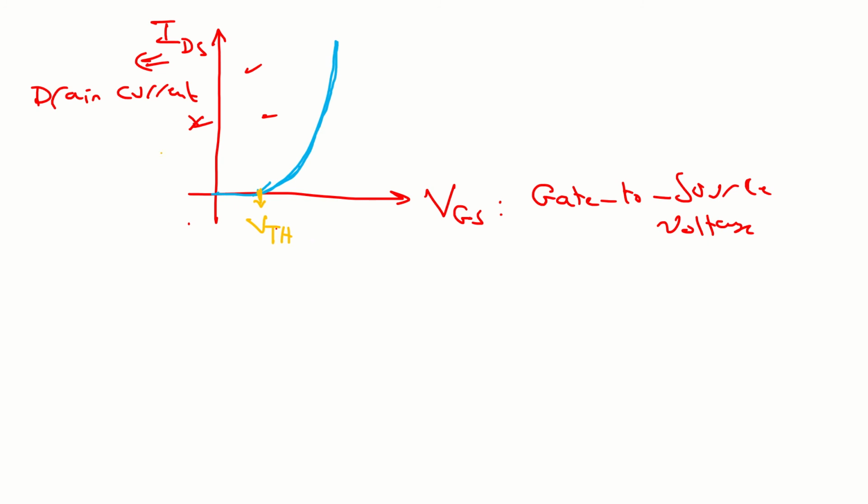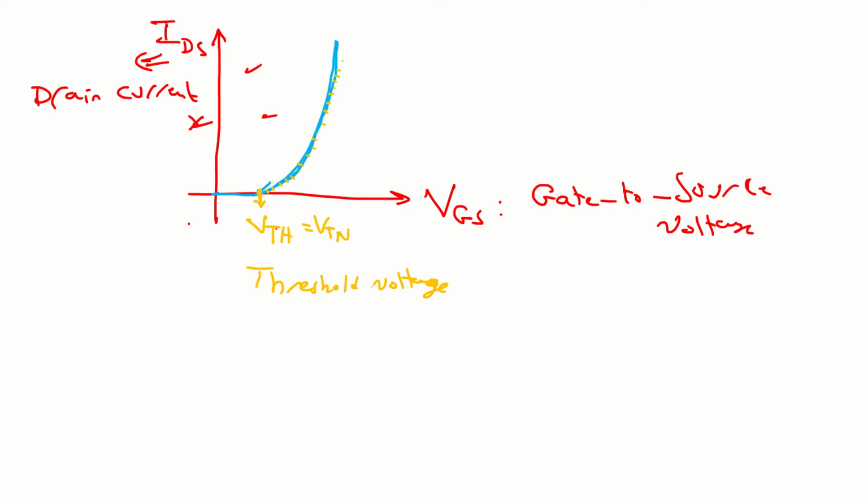Since we are talking about the N-type, you can say this is VTN, because for the P-type it would be VTP. Either way, this is called the threshold voltage, which means the voltage at which the current starts to occur in the device.